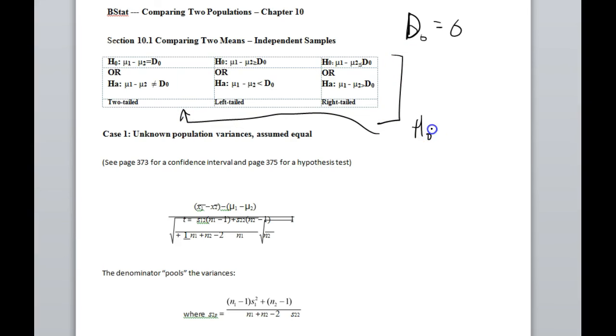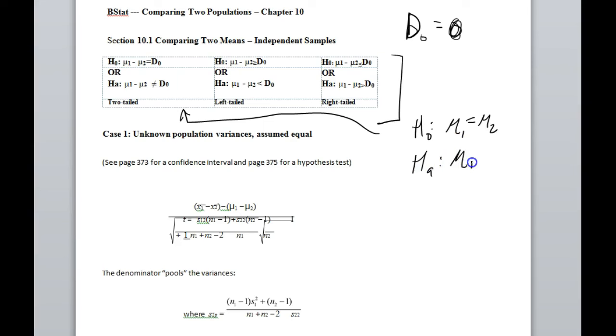Assuming that the difference that you propose between them is 0, you could write this H naught as mu1 is equal to mu2. That's just us putting 0 in for D naught, and then taking mu2 over to the other side. This tends to be a more intuitive way to think about it.